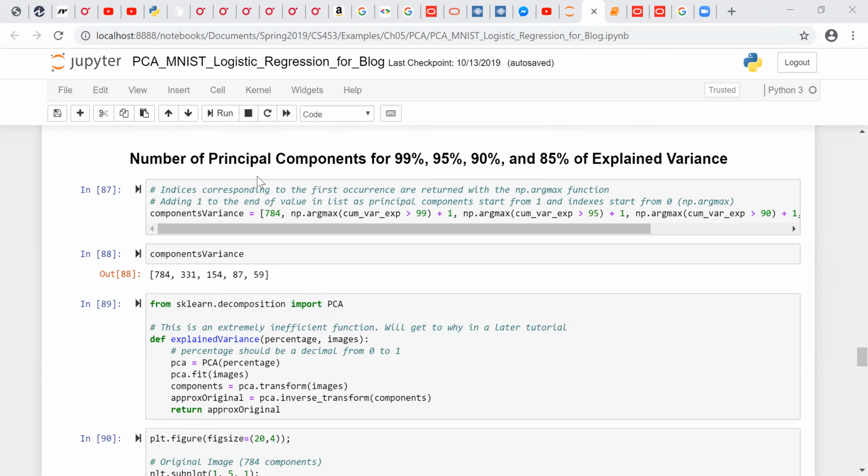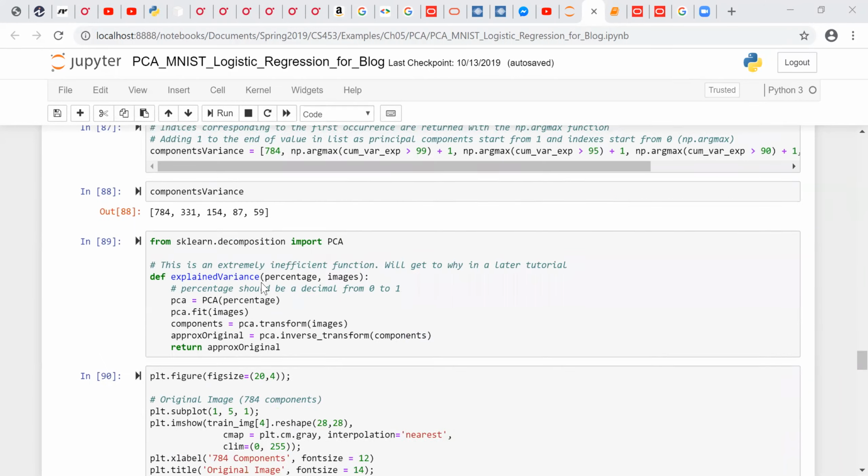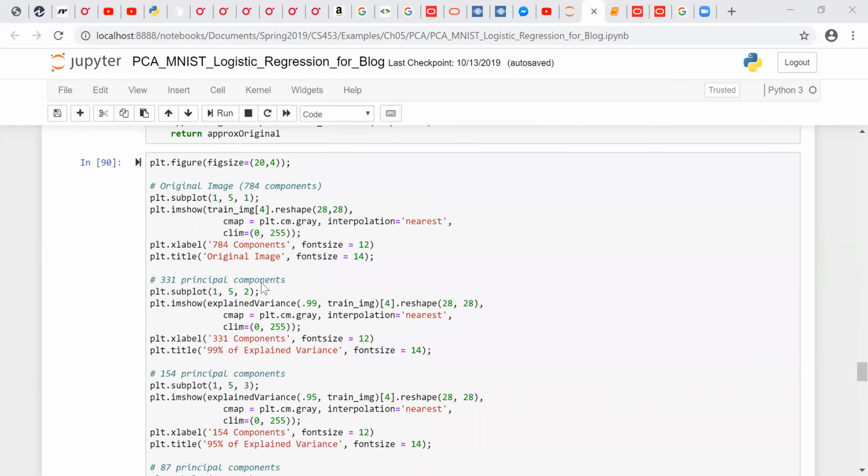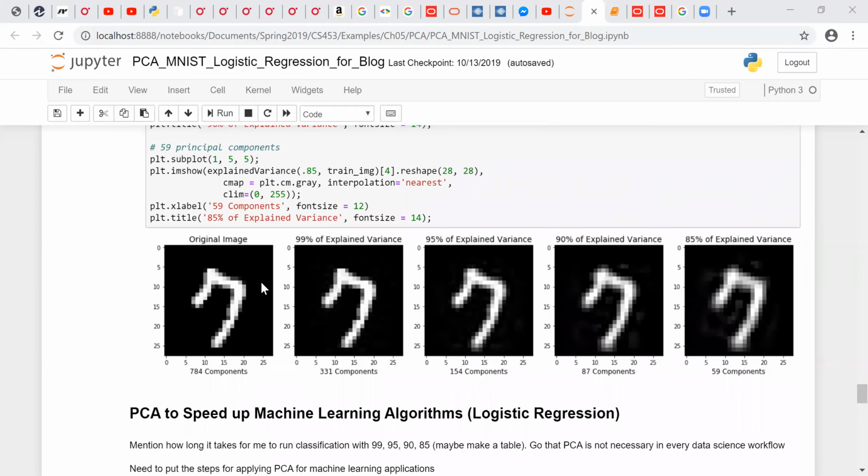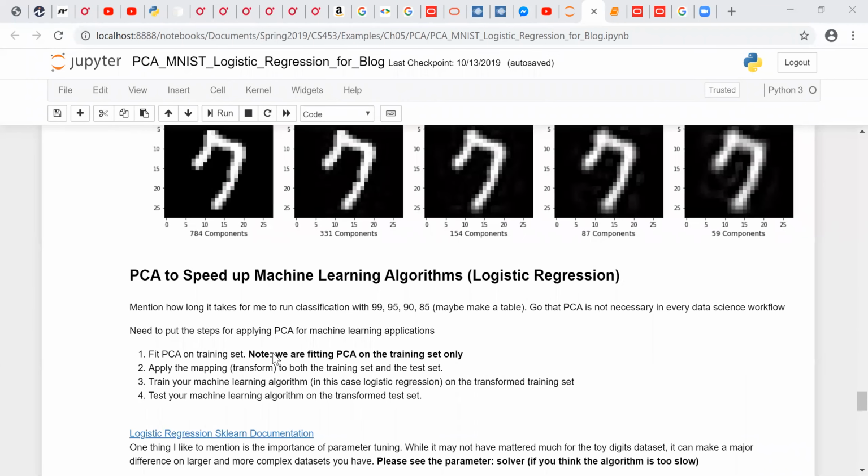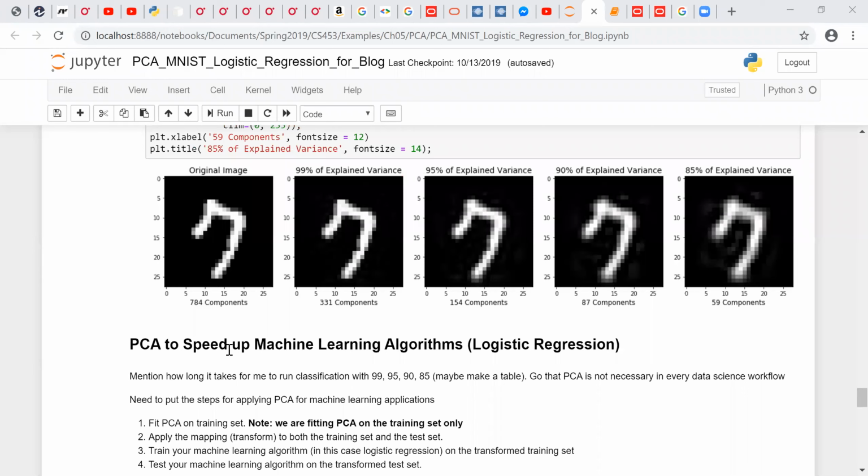And what next it shows, with a different number of principal components, is how accurate they are going to be, okay? It also shows the image effects.